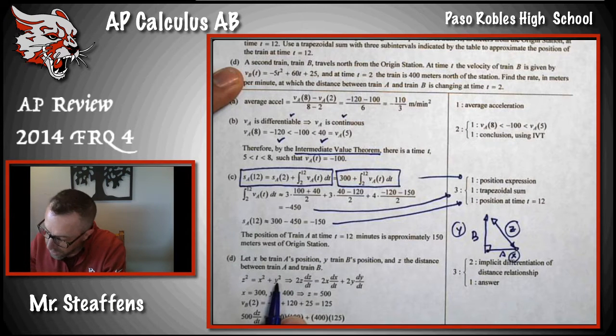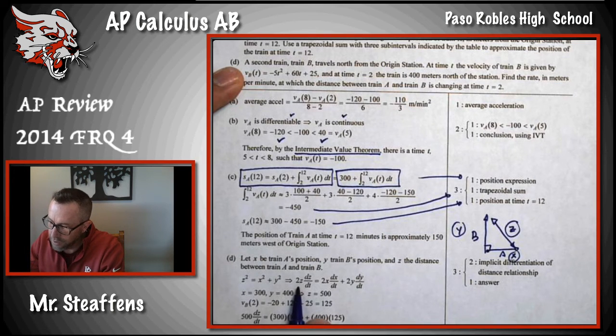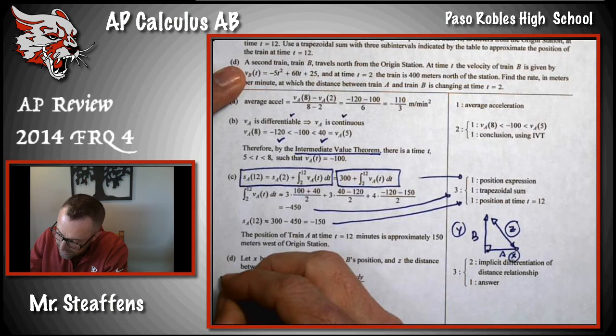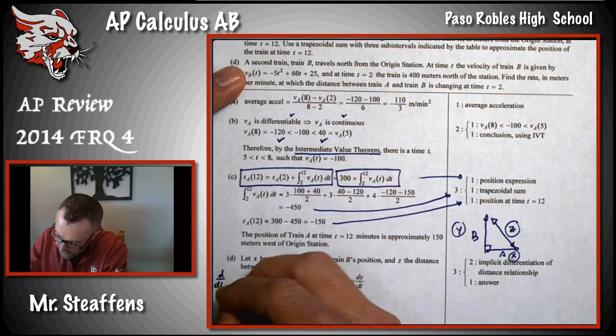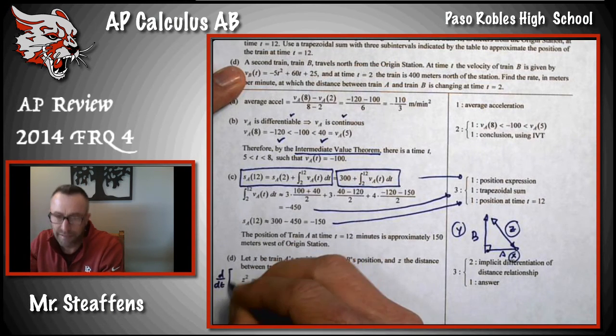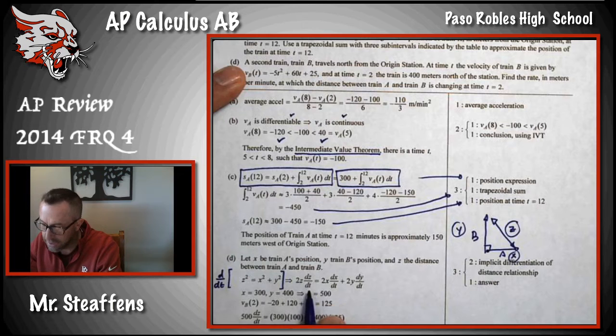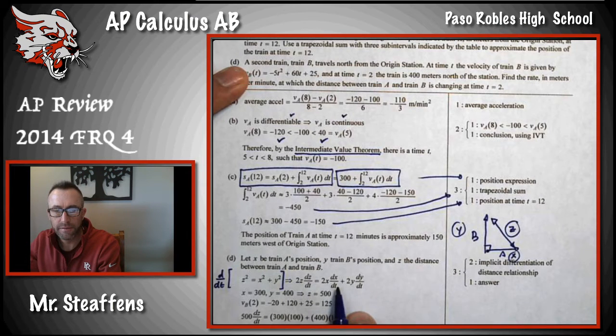So I'm going to use something called implicit differentiation. If I find this in relation to t, I'm going to find d/dt of all of this. So I get 2z dz/dt equals 2x dx/dt plus 2y dy/dt.